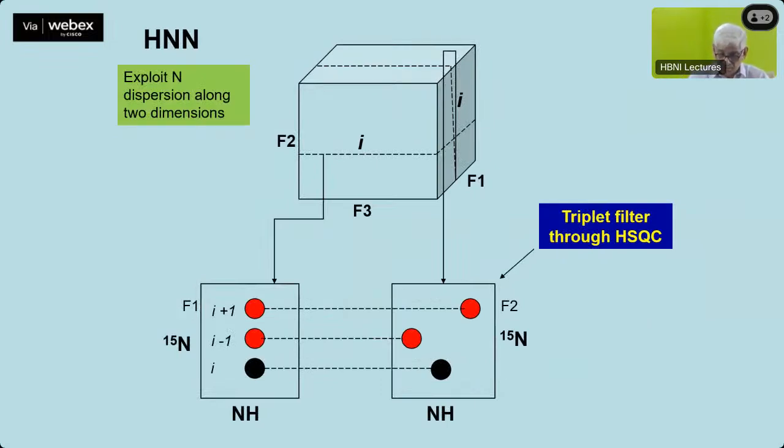This spectrum I already explained, and this is called the triplet filter through the HSQC. This is the F2, F3 plane, and this is the F1, F3 plane. Amide proton is along the F3 axis, and the N15s are along the F1 and F2 axes. The F2, F3 plane gives you a triplet filter through the HSQC, and F1, F3 gives you the sequential connections between the three neighboring residues, amide proton to the three nitrogens.